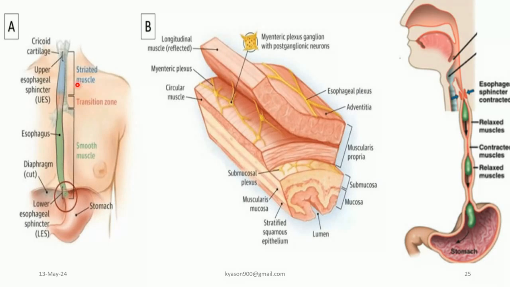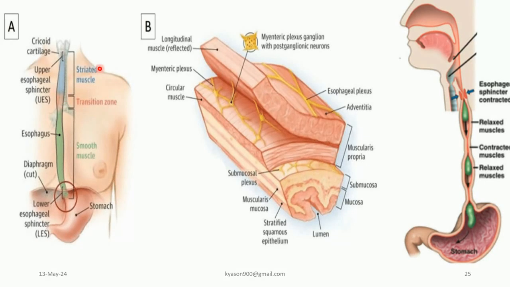We can also see that along the length of the esophagus, specifically in the upper part, we are going to have striated muscle fibers. In the lower part, we shall have smooth muscle fibers. In the mid portion, there will be a mixture of both the striated and the smooth muscle fibers.